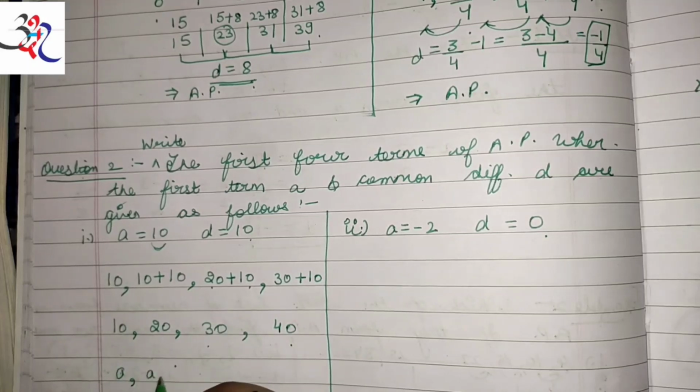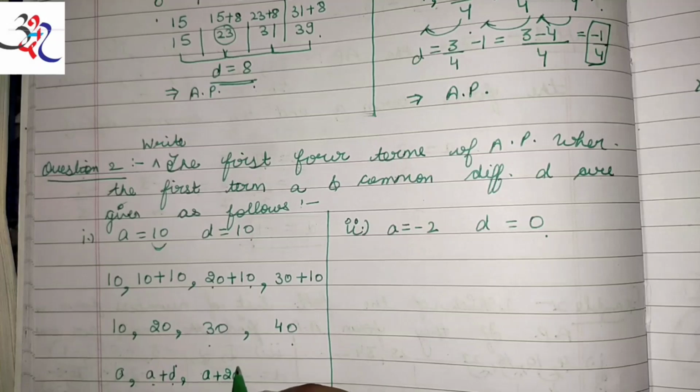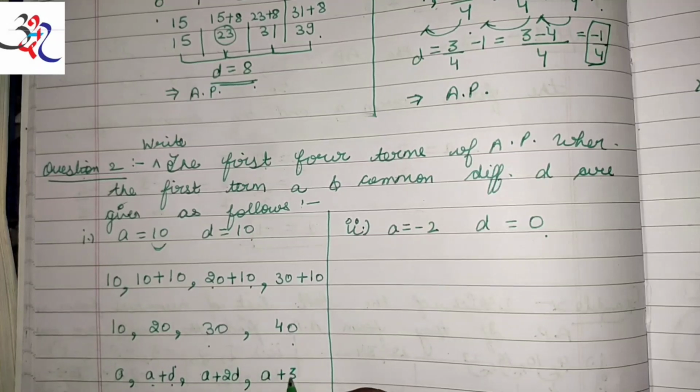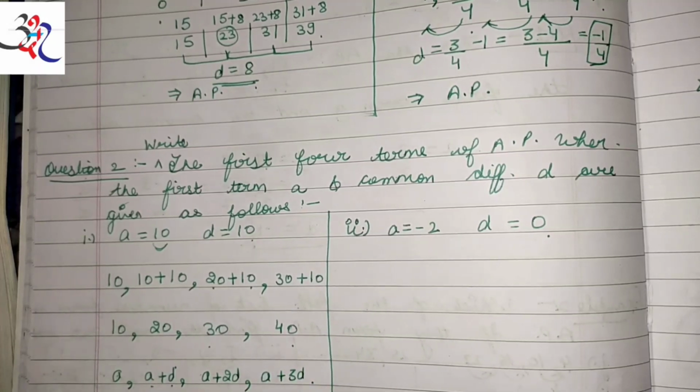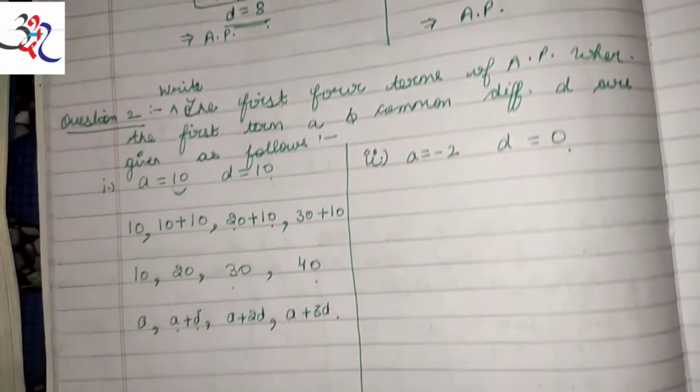I have told you the general form. General form is what? A plus D, A plus 2D, then A plus 3D. So in the exam, how will you write it down?